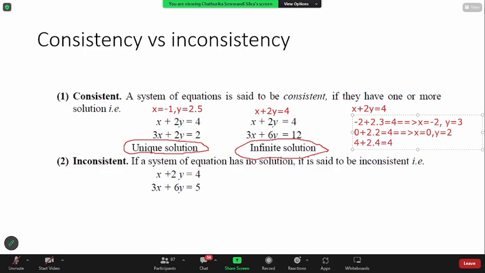Again 4. So likewise, how many values can we get for x and for y? How many xy combinations can we make like this?